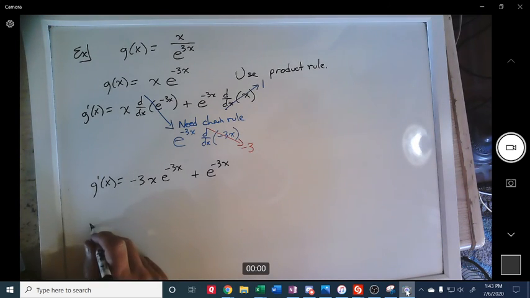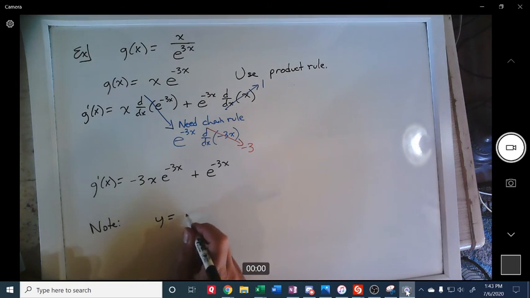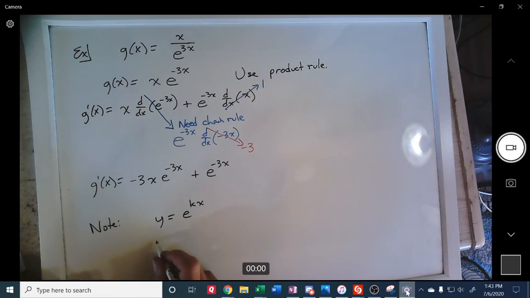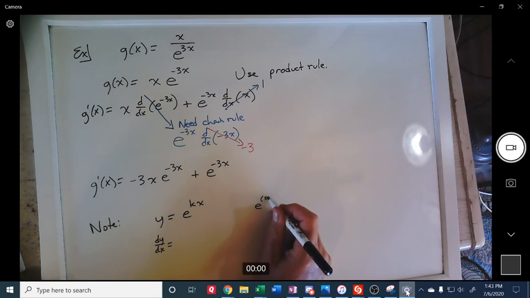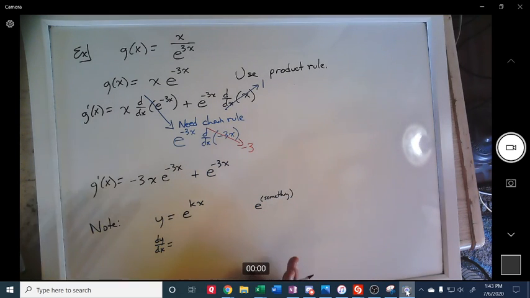So note, y equals e to the kx. We had just memorized before that dy dx was k times e to the kx. But now we can say this is e to the something. The outermost function is e to some power.